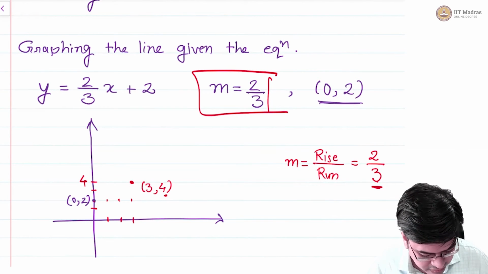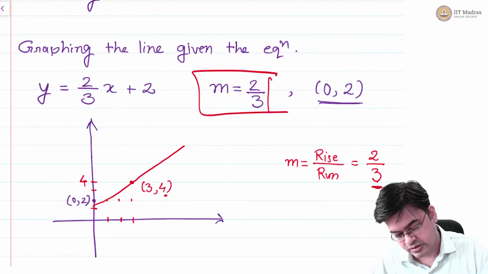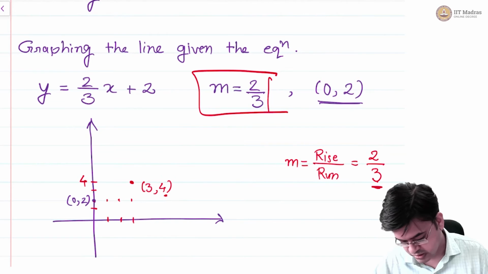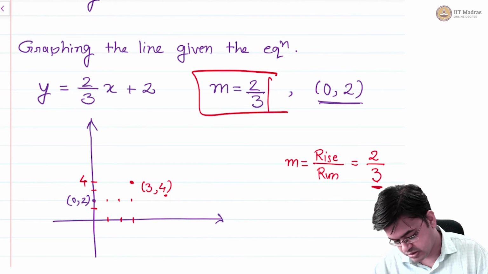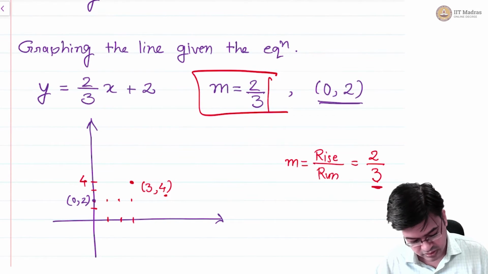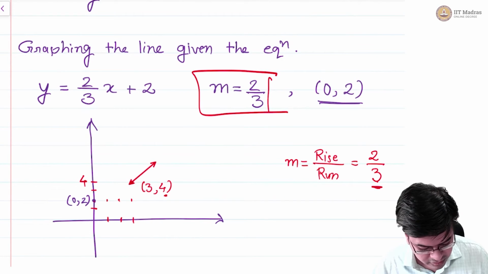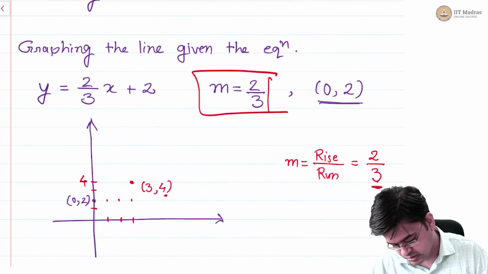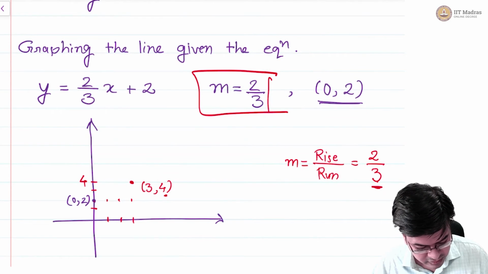And you need to draw a line passing through these, sorry, it's a mistake. Let me draw the image of a line, and I want to draw a line passing through these 2 points. Okay, slightly mismatched. Okay, let me draw a line passing through these 2 points.